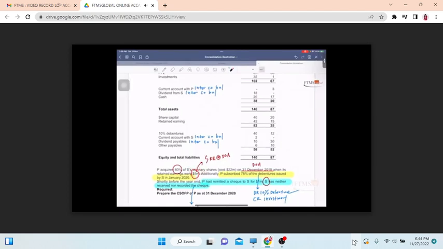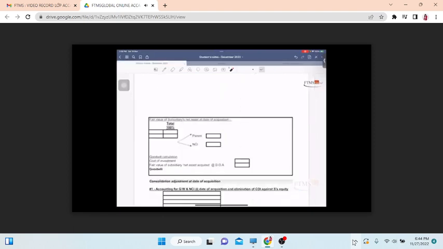So 5 and 20. Here I have OSC, so total 25.